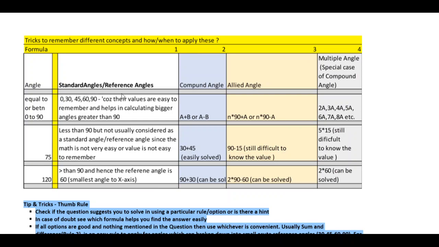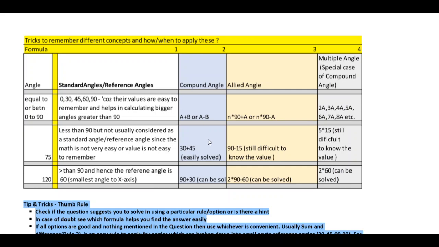And if you remember, reference angle is nothing but the smallest angle dropping on the x-axis. That's the reference angle, because it helps you calculate the other angles also, and we discussed that in a video. Compound angle is when you take any two angles, either add or subtract, and whatever is the net value, that's your compound angle, which is also called the sum and difference formula.